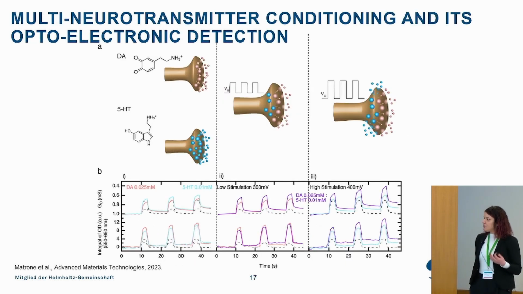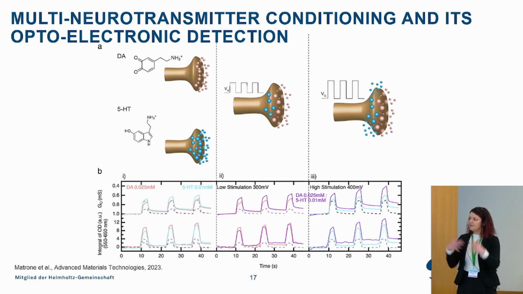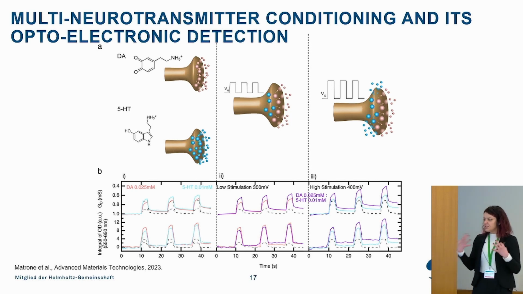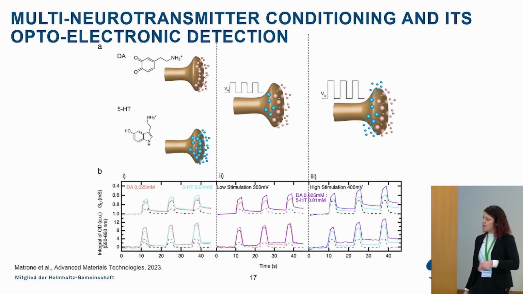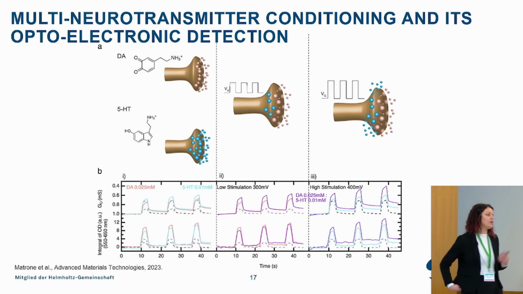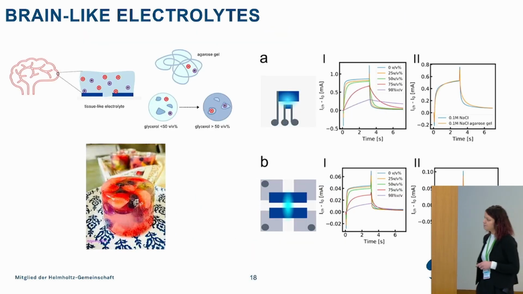And we also exploited that to create potentiated synapses, in this case working together with the oxidative states of these neurotransmitters as individual ones, but also to induce low and high stimulation levels by tuning the concentration when we put them together in the microfluidic system.